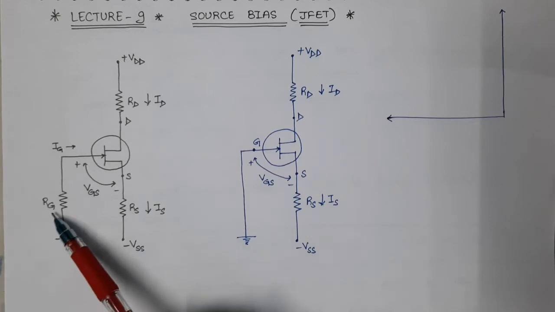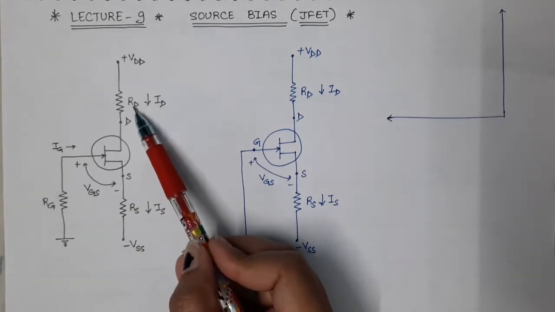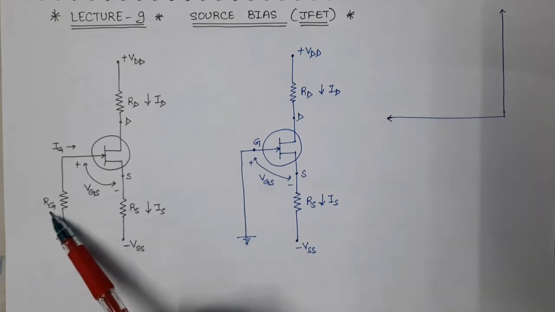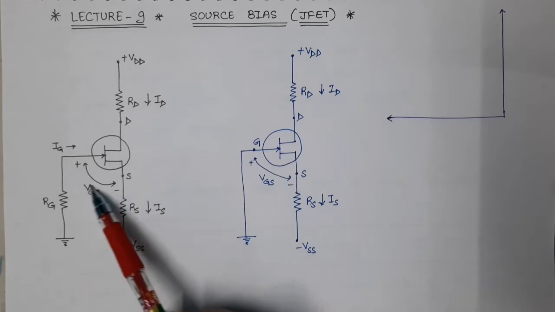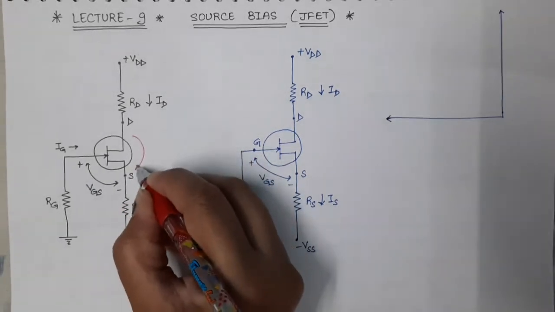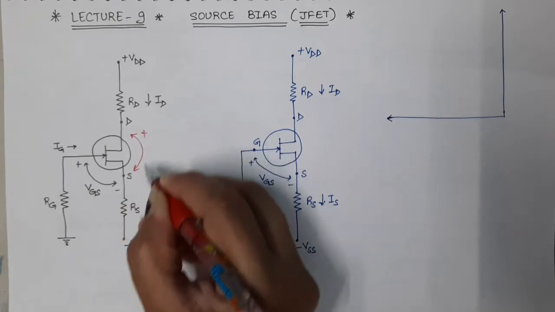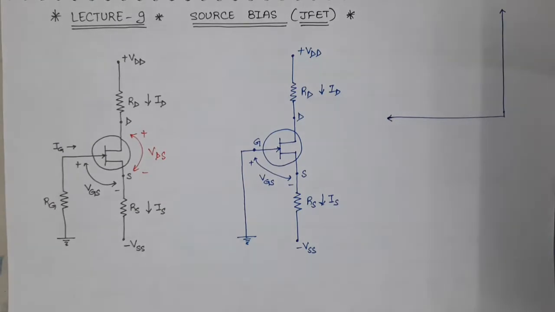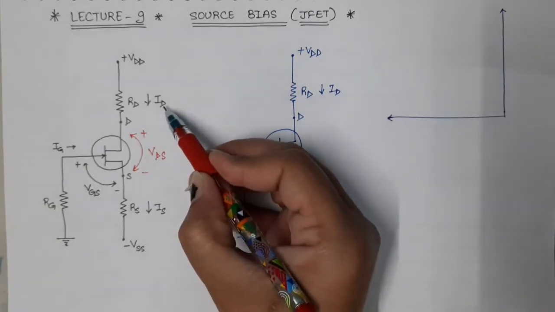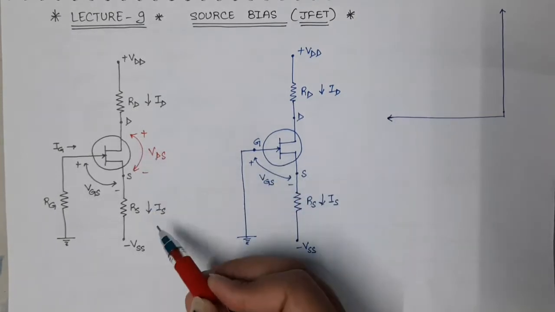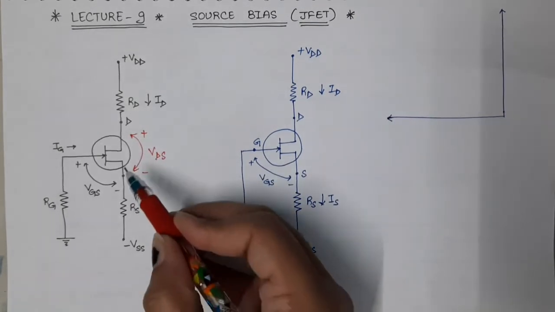And here RD is the drain resistor, RS is the source resistor, RG is the gate resistor, VGS will be the voltage across gate source junction, and VDS will be the voltage across drain source junction. Let ID be the drain current which is flowing through drain terminal, and IS be the source current which is flowing through source terminal.